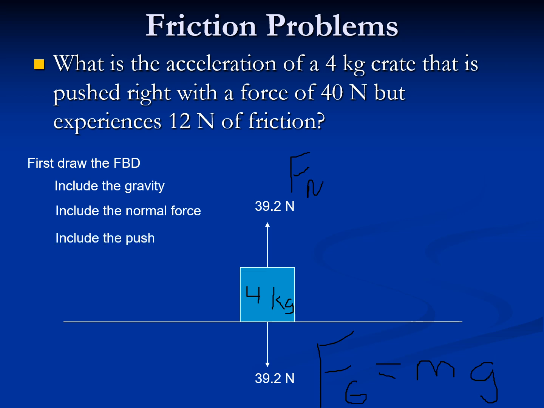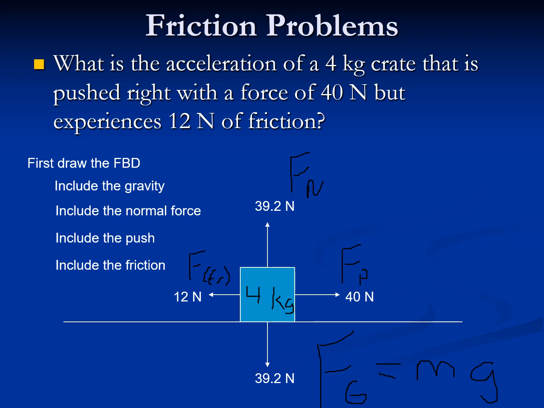Okay. The push. Well, now it says it's pushed 40 to the right. Bam. If you're pushing it to the right, that means friction is to the left. Here are the 4 forces acting on the crate.